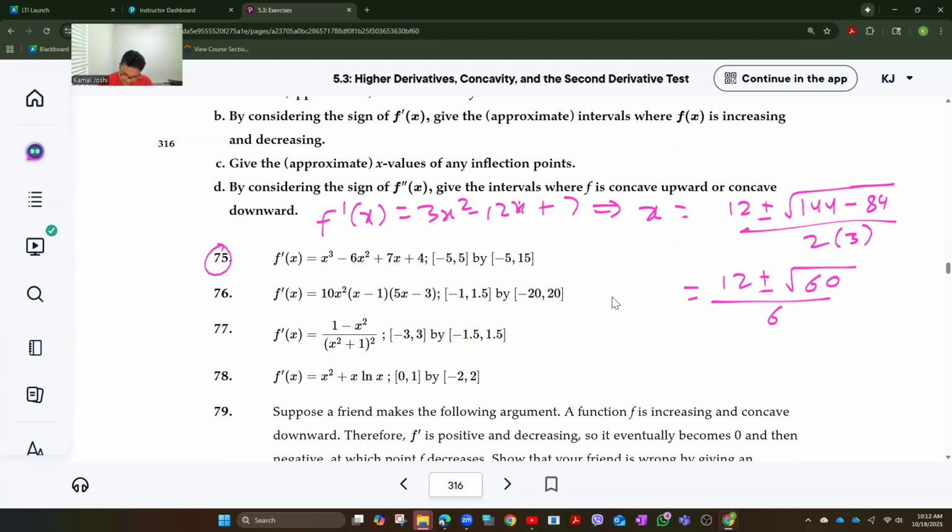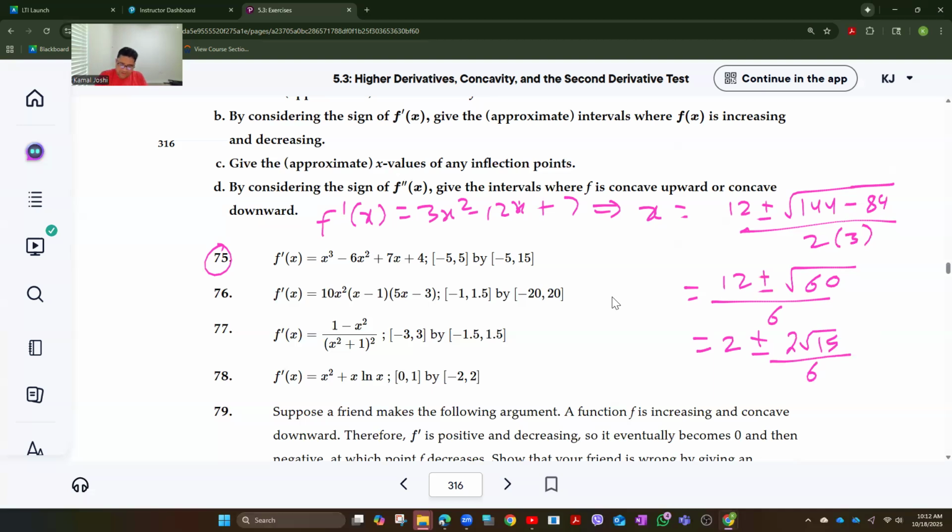Are they greater than 5 or less than minus 5? That's what we have to see. I don't think they are, because that's going to be 2 plus minus, you divide by 6, both of them. Under root 60 is what? 15 times 4. So 2 root 15 divided by 6.